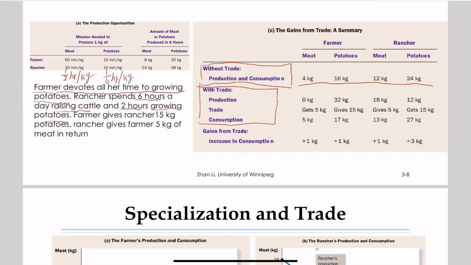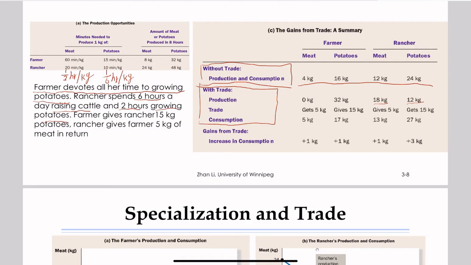Now if the rancher has 6 hours for cattle, then she would actually produce 18 kilograms of meat. And if she has 2 hours growing potatoes, then 2 divided by 1/6, we will have 12 kgs of potatoes, right?